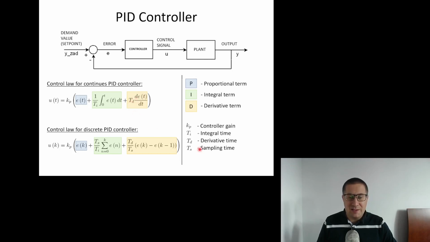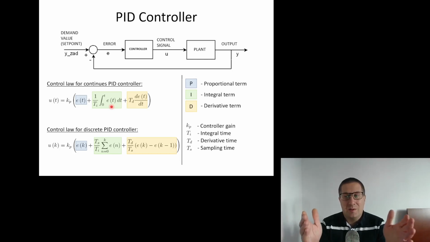So if we set, I don't know, integral time to infinity, then it means that the gain of the integral term is 0. So we don't want to look into the past, we just want to react to the current situation, right?